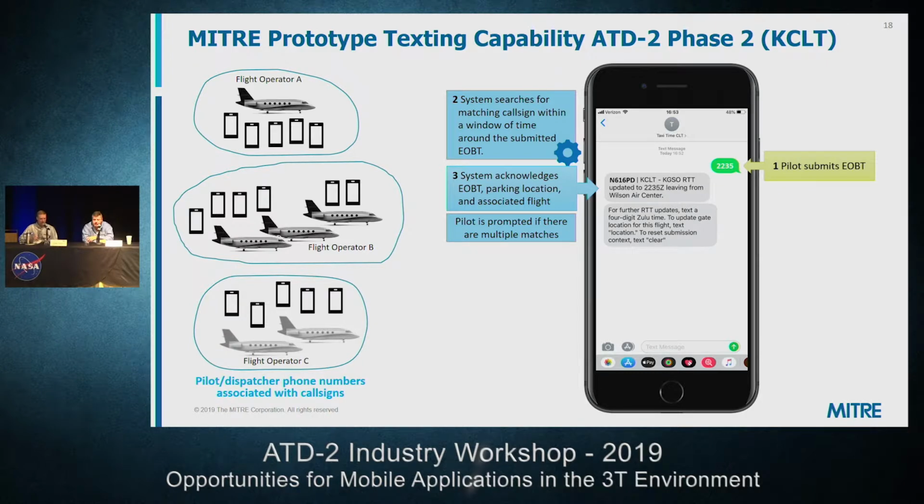There are other things the operators can text. You'll see in this message: November 616 Papa Delta, Charlotte to Greensboro, RTT updated to 2235, leaving from Wilson Air Center. If they happen not to be leaving from Wilson Air Center, and in the case of Charlotte most of them are, they can text location, and it will give them a list of locations they can update if they're leaving from somewhere else on the surface.